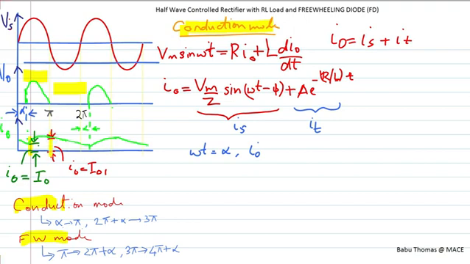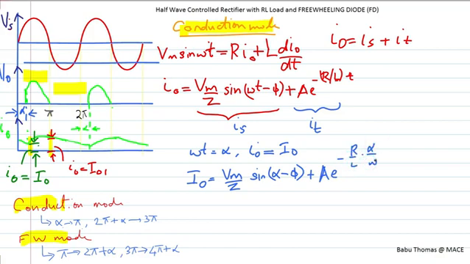So at omega t equal to alpha, your I naught is capital I naught, and therefore you can write I naught is equal to Vm by Z into sin of alpha minus phi plus the transient term by omega.